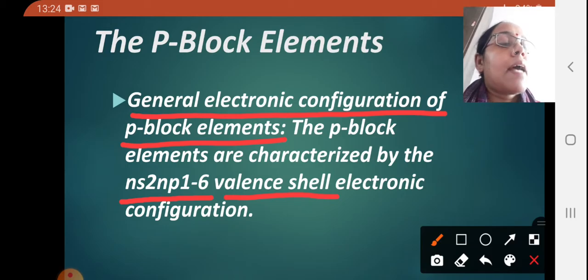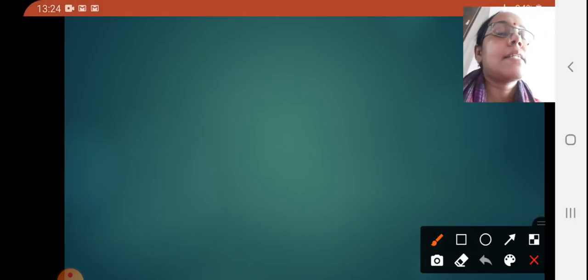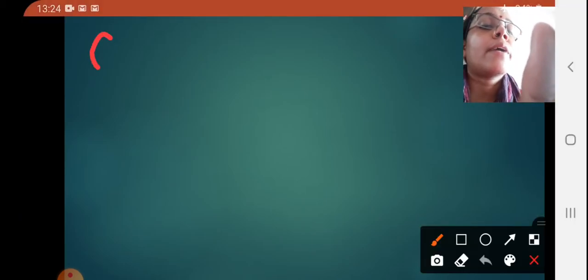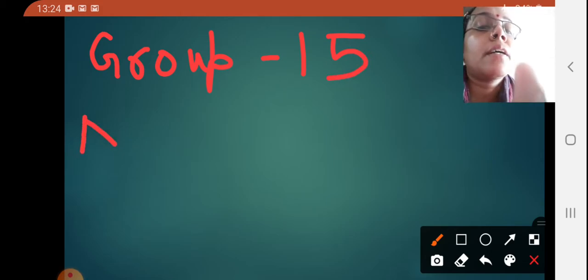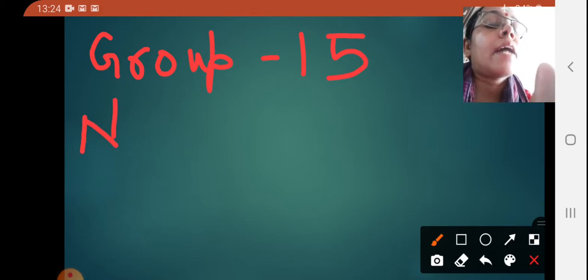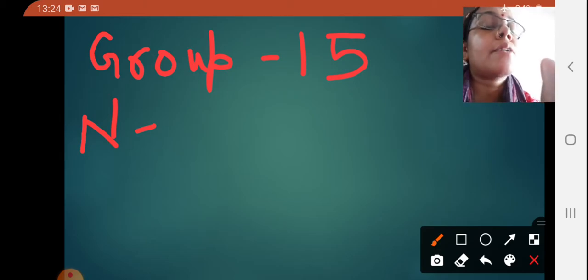For example, I am giving you an example of one of the P block elements. The first group which we will discuss is group 15, and the first member is nitrogen. Its atomic number is 7.